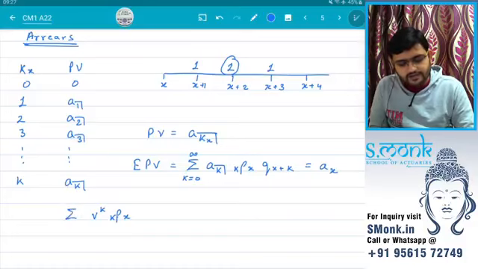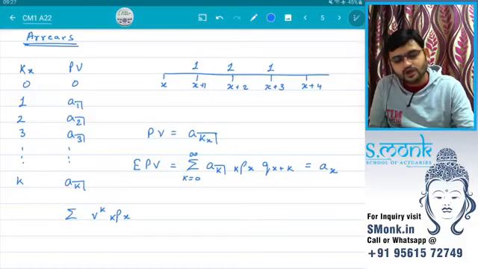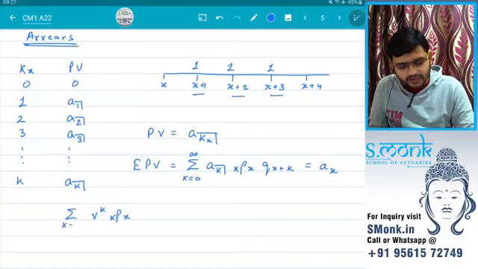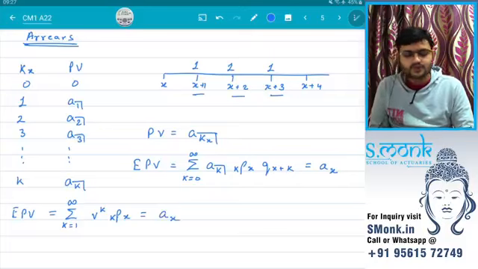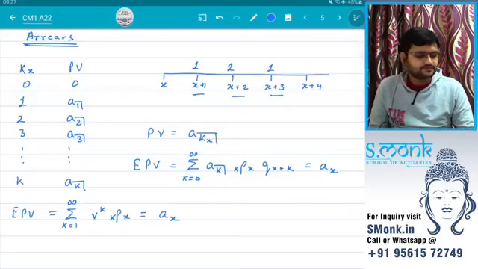So we will add up, but in this case the payments are not going from 0 to infinity. The payments are going from 1, 2, 3, 4 and so on. So k is going from 1 to infinity. This is also written as ax.